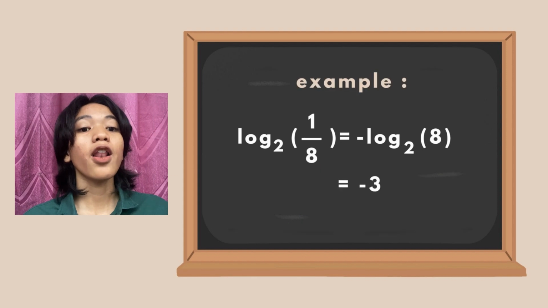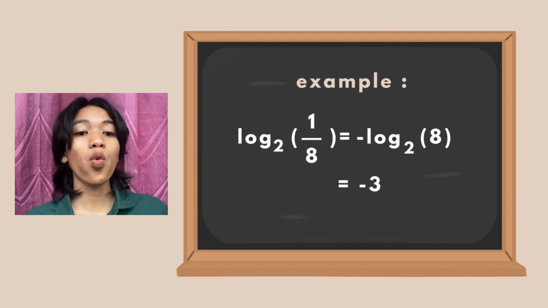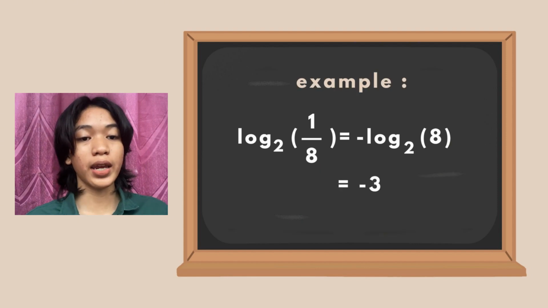Example, log base 2 of 1 over 8 equals minus log base 2 of 8. So we have log base 2 of 1 over 8 equals minus 3.